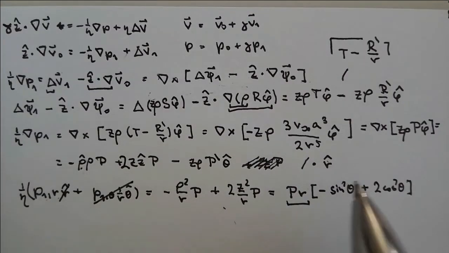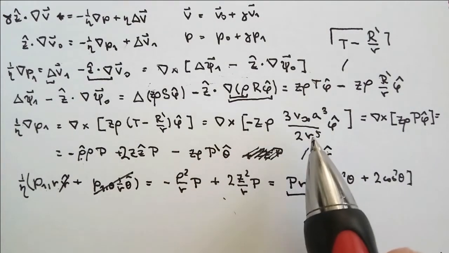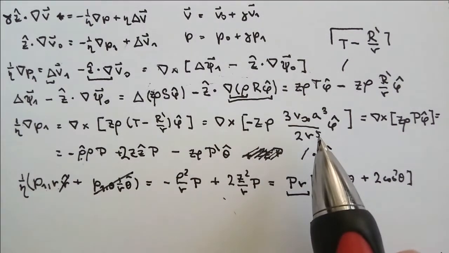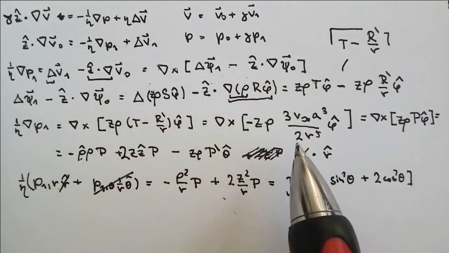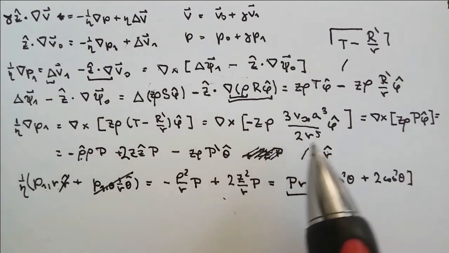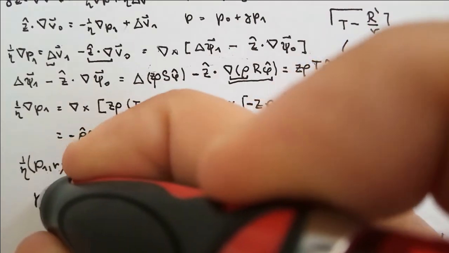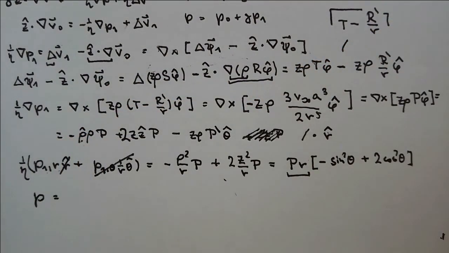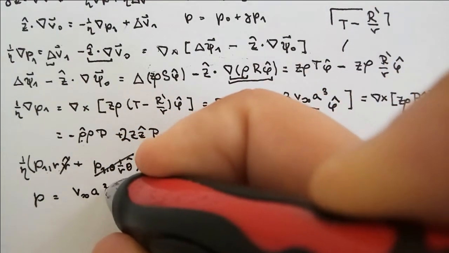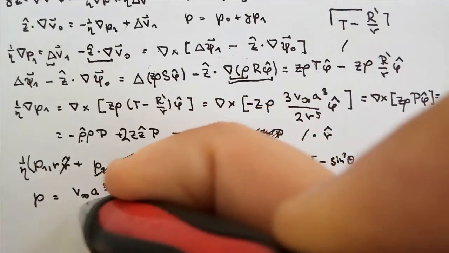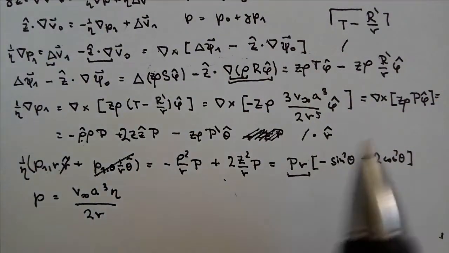P is over there. It's minus 3 and so on, and if you integrate it, R times R is R to the 4th power, so the minus will cancel, the 3 will cancel, so it's 1 over 2 times v infinity a cubed over R cubed. So the pressure is then v infinity a cubed eta over 2 times r cubed times this.